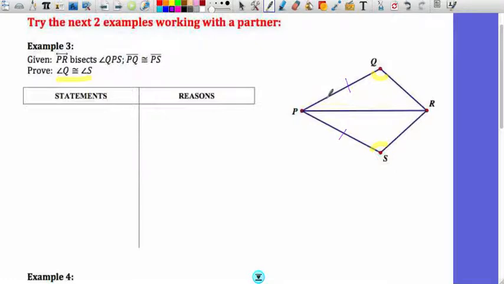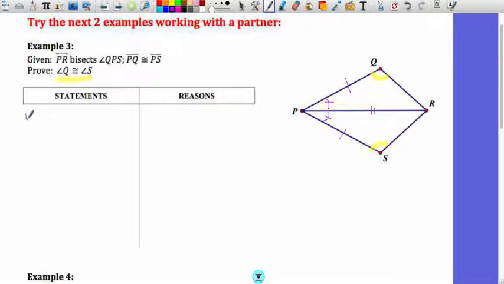If we know the definition of bisects, we can conclude that angle QPS is cut in half, so QPR is congruent to SPR. The other information we can deduce from the diagram is that side PR is a common side. Okay, and so let's begin.